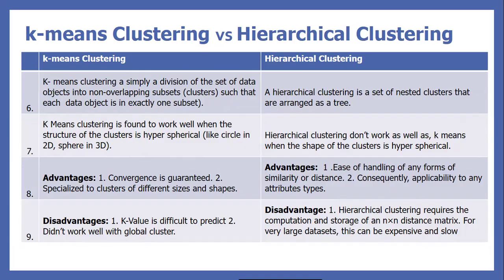Advantage of K-means: convergence is guaranteed, and it specializes to clusters of different size and shape. Hierarchical clustering advantage: ease of handling of any form of similarity or distance, and consequently applicability to any attribute types.